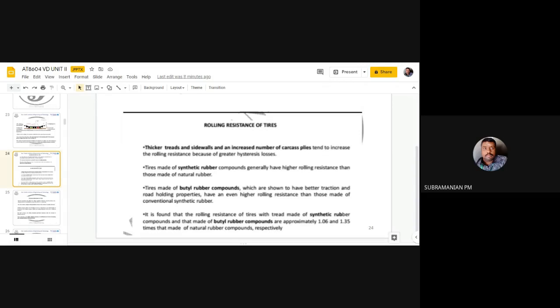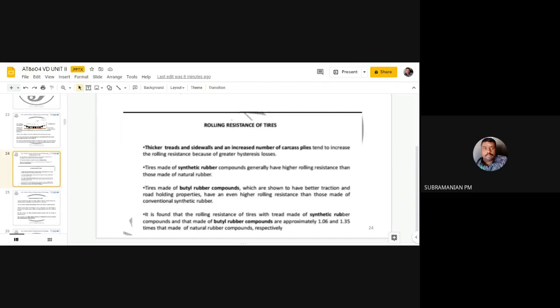The rolling resistance will increase. The reason is hysteresis losses will increase. The concept is whenever hysteresis losses are less, the rolling resistance will be less. Whenever hysteresis losses increase, the rolling resistance will be more.